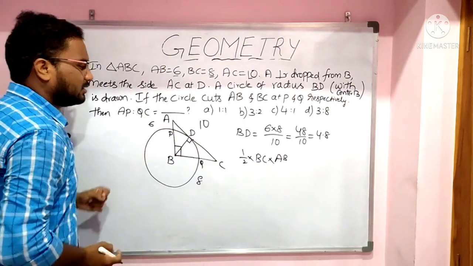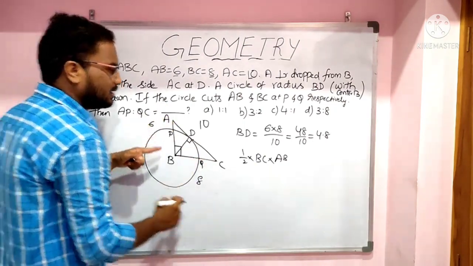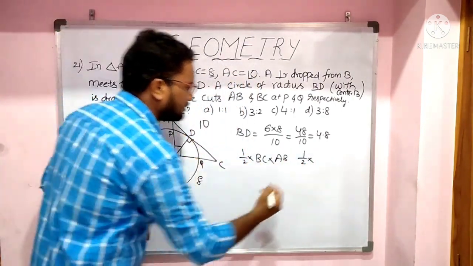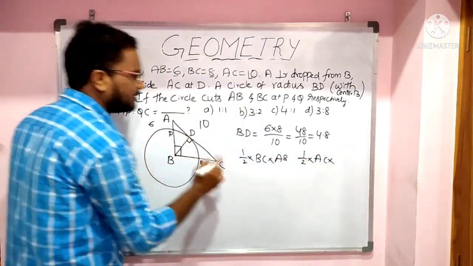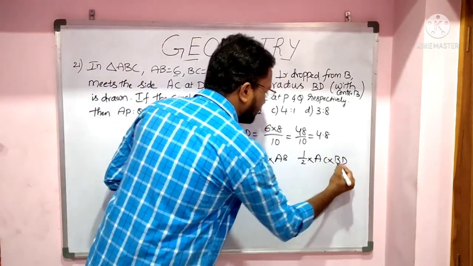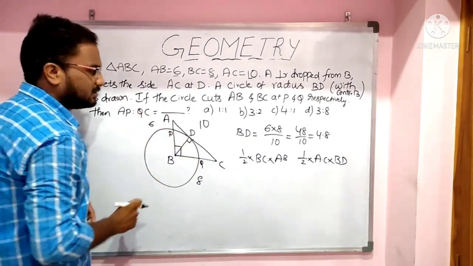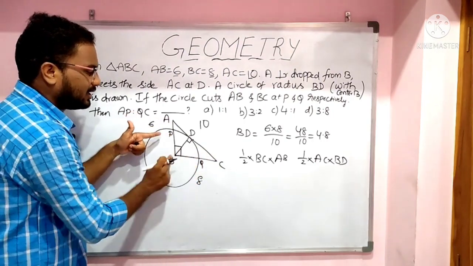And if I take this triangle with AC as base, area of triangle equals half into AC into height BD. So this is also triangle ABC area, and this is also triangle ABC area.